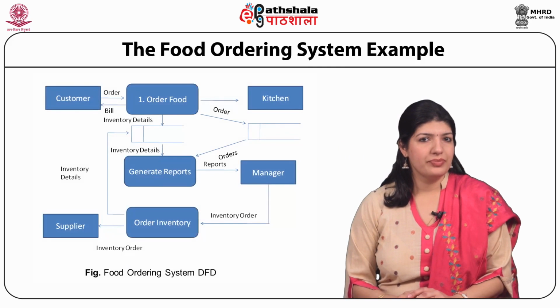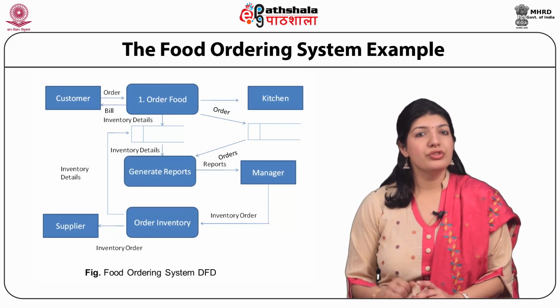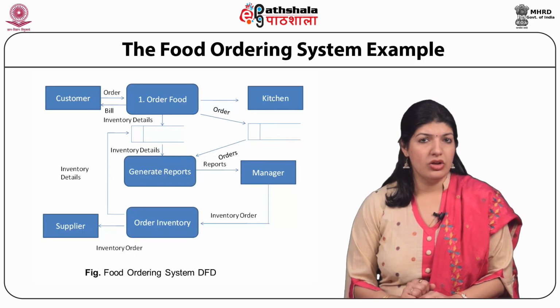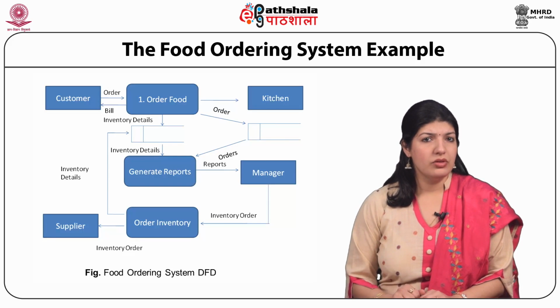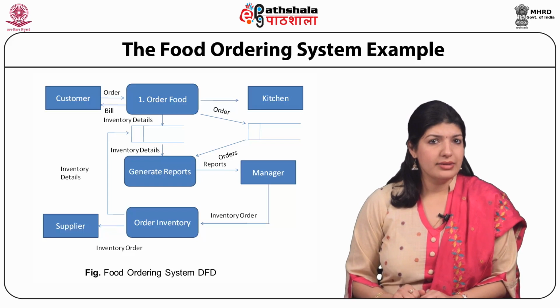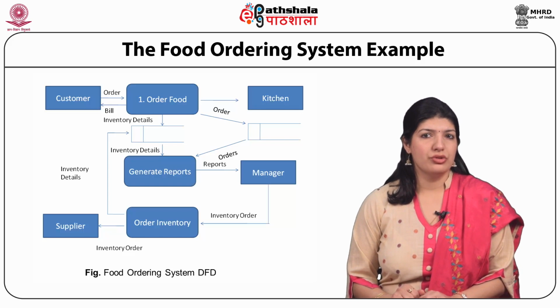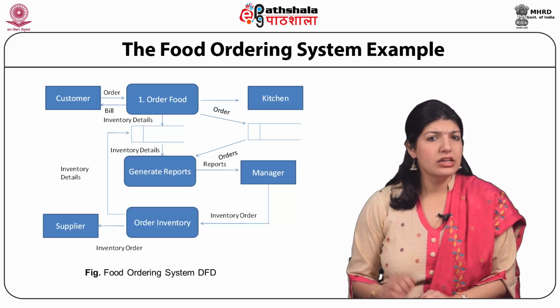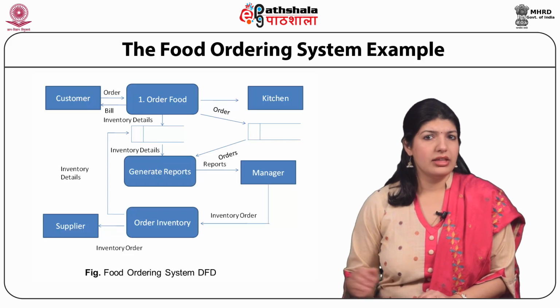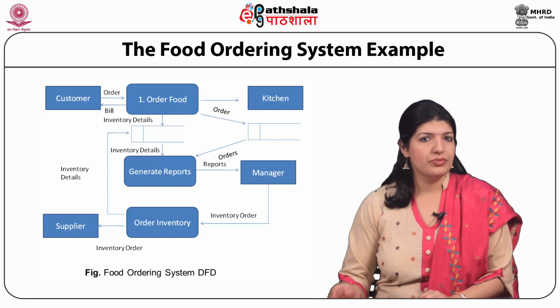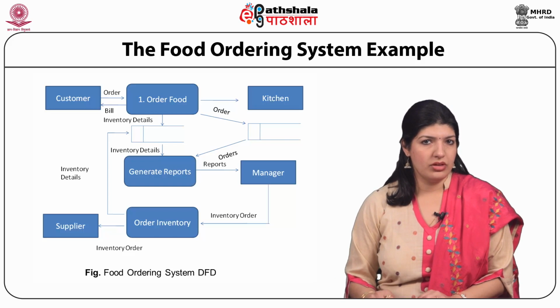Okay, students, let's take up the case of the food ordering example. From the supporting diagram, we observe that the food order system data flow contains three processes. There are four external entities and two data stores.